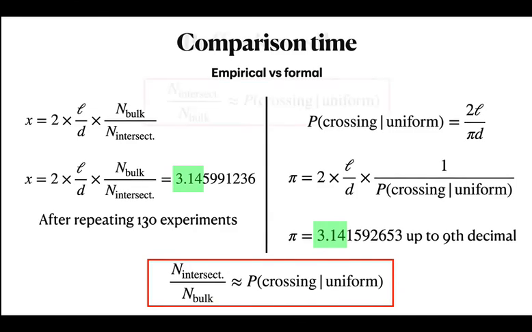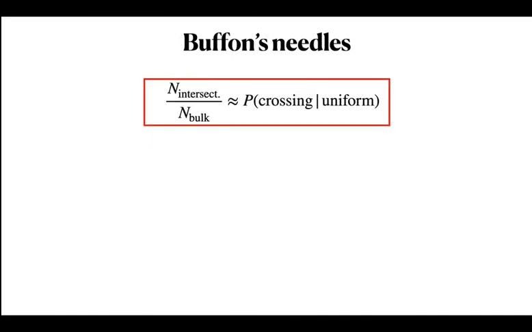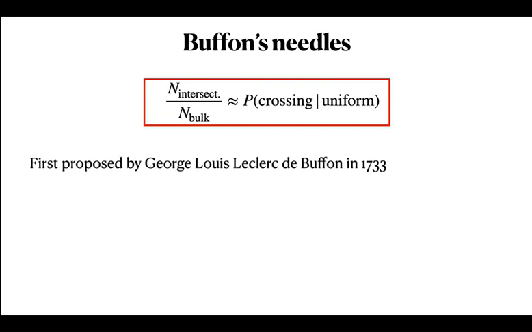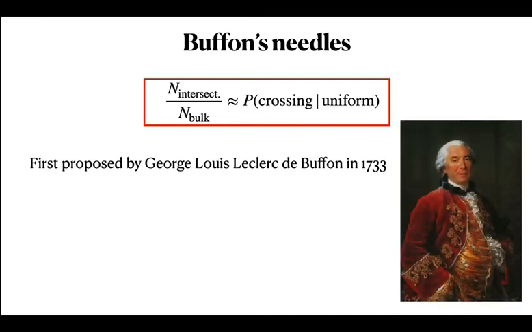Now, this particular experiment was proposed by Georges-Louis Leclerc de Buffon in 1733. And this is this gentleman. Well, he was much younger when he proposed it, I think in his 20s.